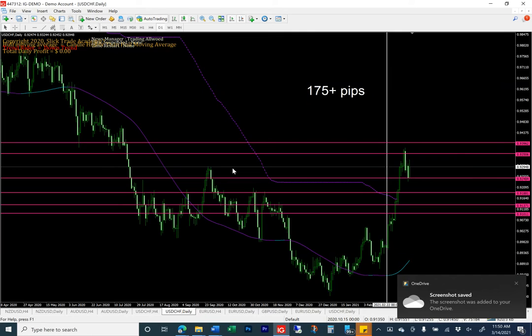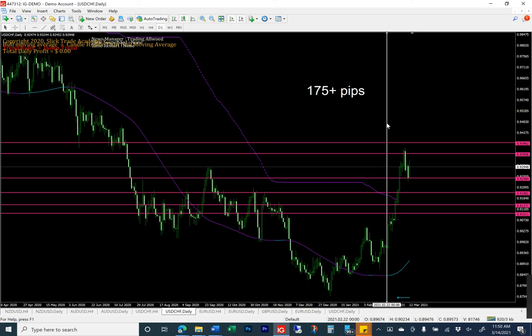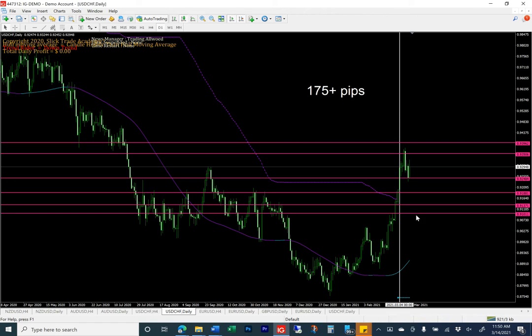Dollar franc daily. Okay, this was our new defined range last week. You may have got into a long. That's real close. Overall, we are in that full trend reversal.